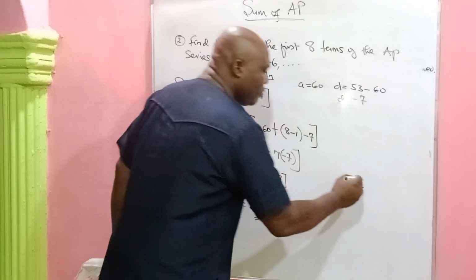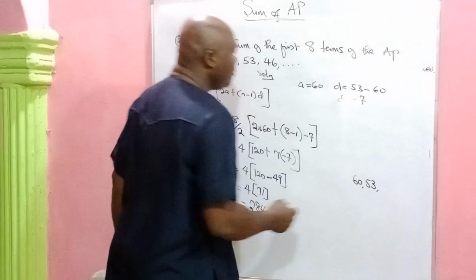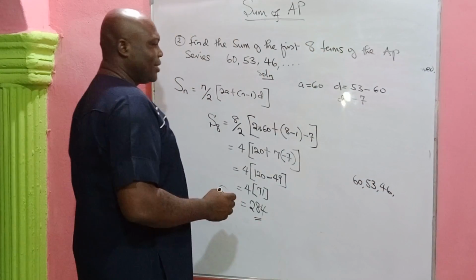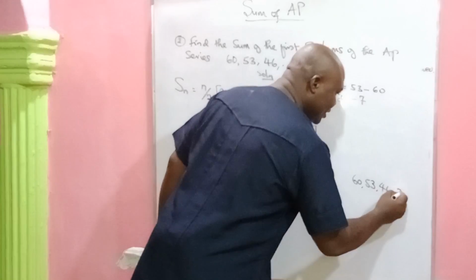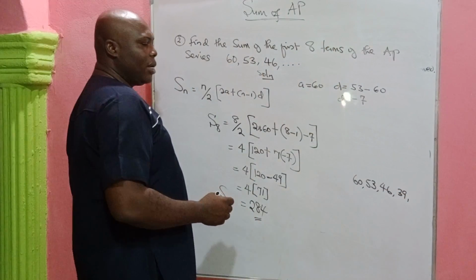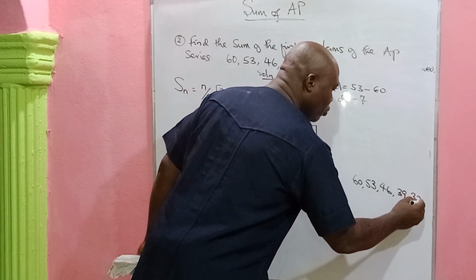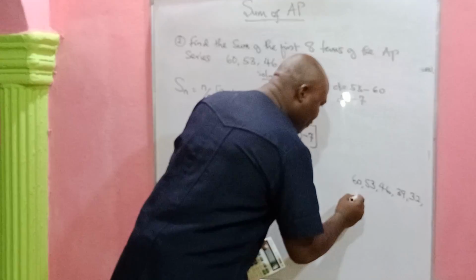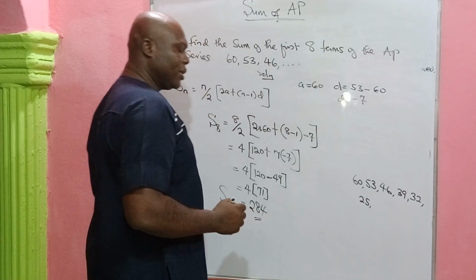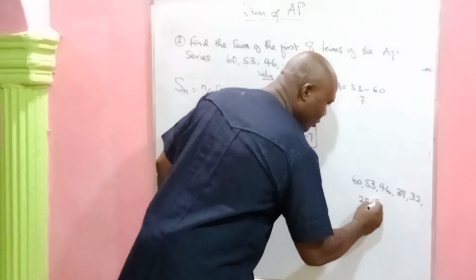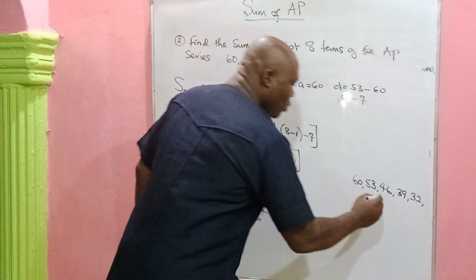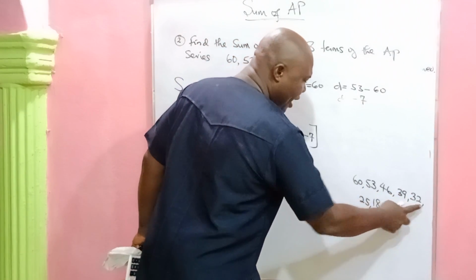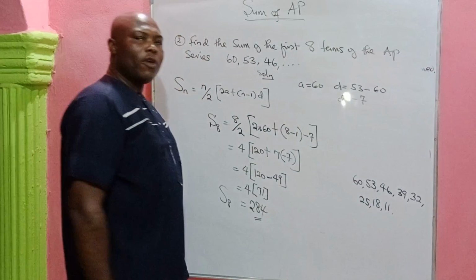So if you subtract 7, you have 53. 53 minus 7 is 46. 46 minus 7 is 39. 39 minus 7 is 32. 32 minus 7 will give us 25. 25 minus 7 will give us 18. 18 minus 7 will give us 11. Do we have up to 8 terms? 1, 2, 3, 4, 5, 6, 7, 8. So we have up to 8 terms.